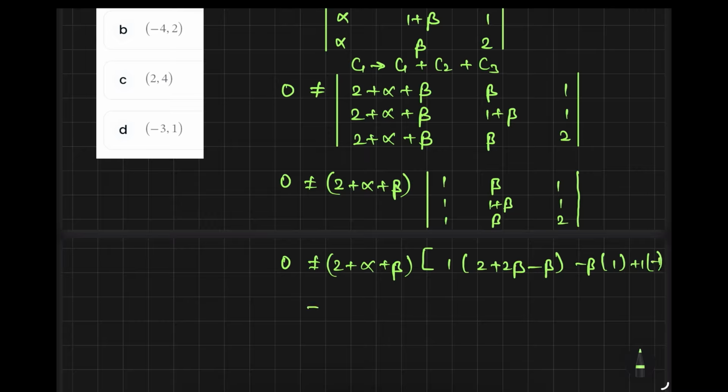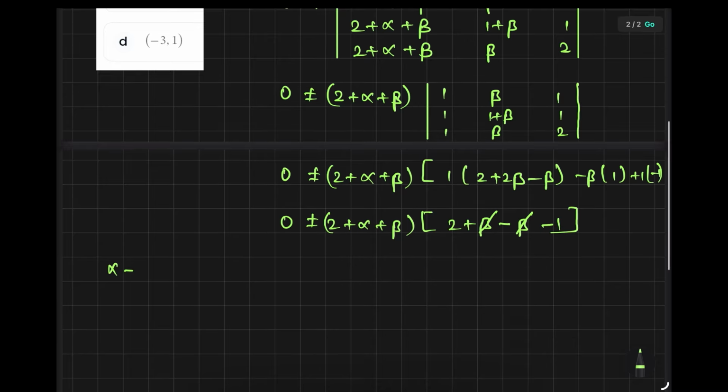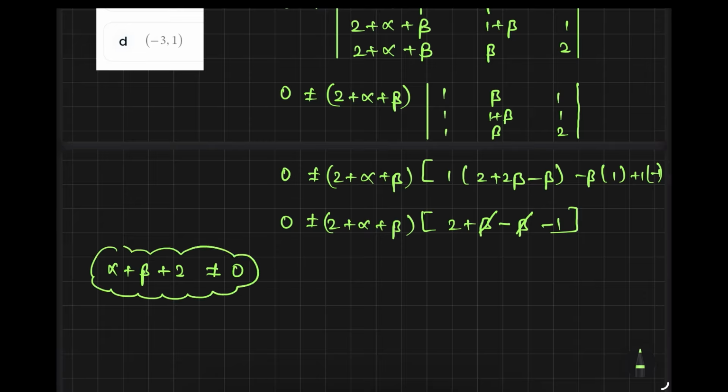Okay, so from here we are getting 1. So we got alpha plus beta plus 2 not equal to 0. Correct?